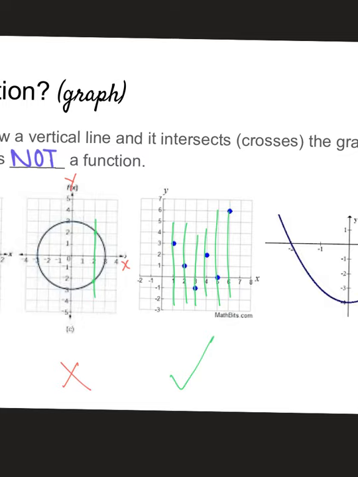Now, if we had something like right here, that would make it not a function because look, vertical, oh, that's a bad vertical line. That hits it more than one time, so that would make it not a function. But for what's originally there, it is.